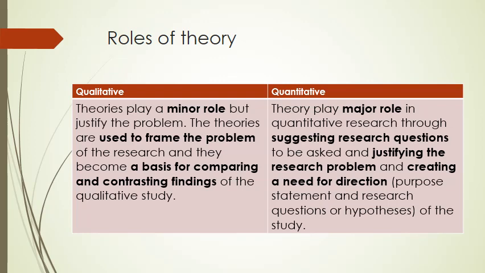The theory is always suggesting the research questions and justifying the research problems and creating a need for direction. To make it short, the theory in quantitative research plays a big role, a main role, a significant role from the beginning until the end of the research.